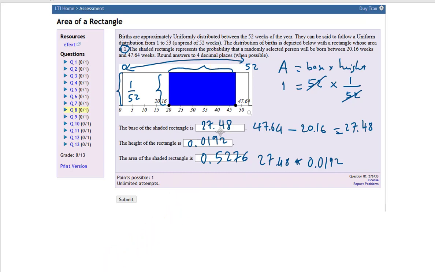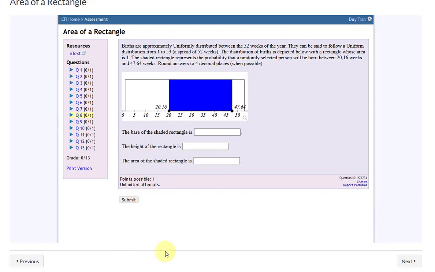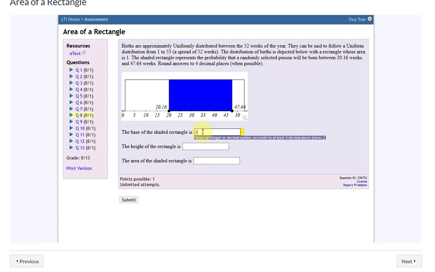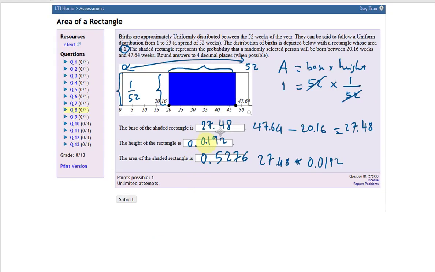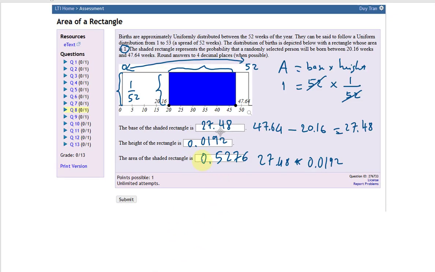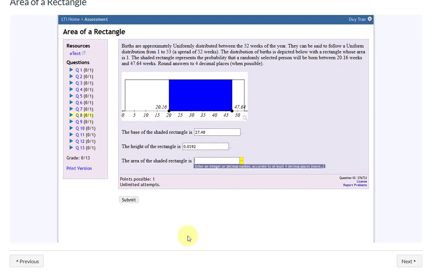Now let's plug in these values. We have 27.48, the next one 0.0192, and the last one we got 0.5276. Let's check the answer.